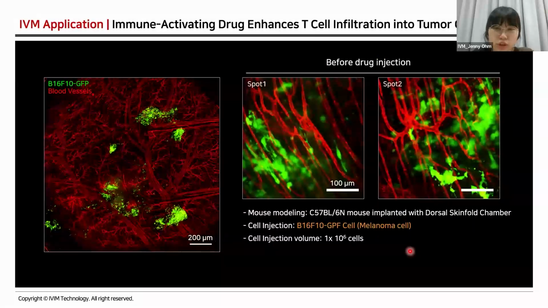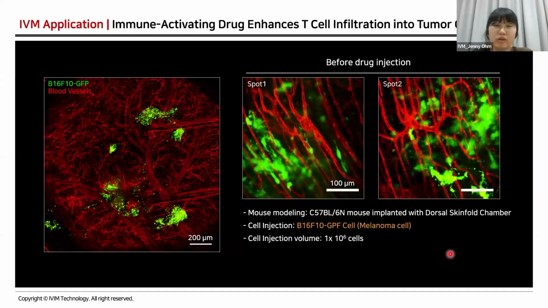As one of the most critical points in immuno-oncology research, it's essential to directly confirm how effectively an administered drug activates immune cells in vivo and whether these cells migrate to and act within the tumor. In particular, T-cell infiltration into tumors is considered a key predictor of immunotherapy responsiveness, making a visual assessment method for drug action absolutely necessary.